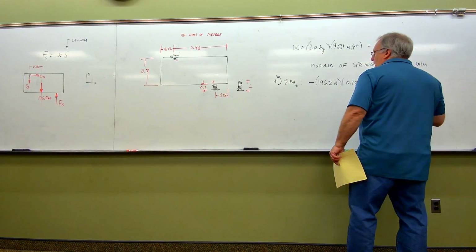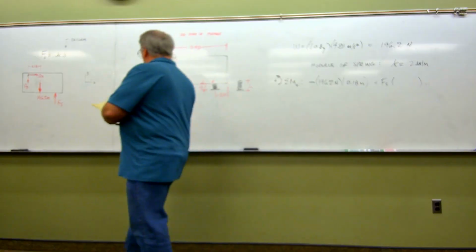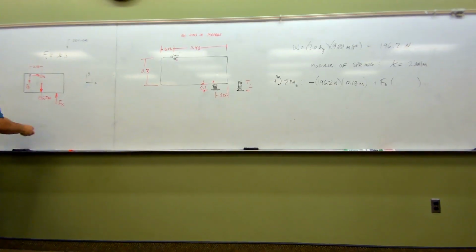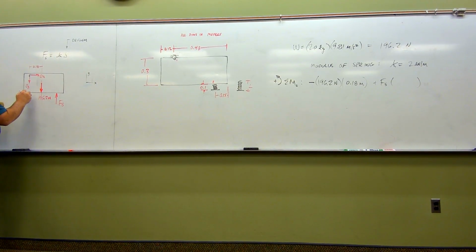and then I need the moment arm for that one. So in this case here, I need to know the distance from here over to the line of action of Fs. Remember, the line of action goes on forever. So I need to know the distance from here to here. How do I get that? Well, several ways, of course.